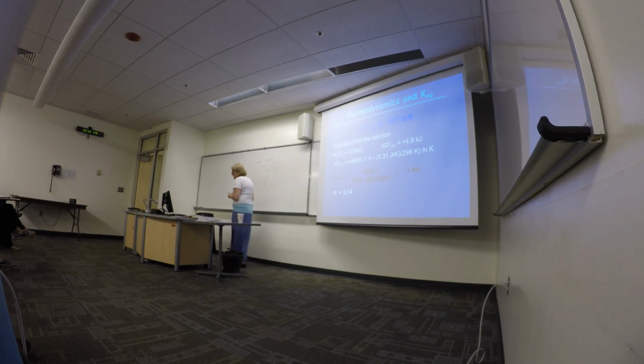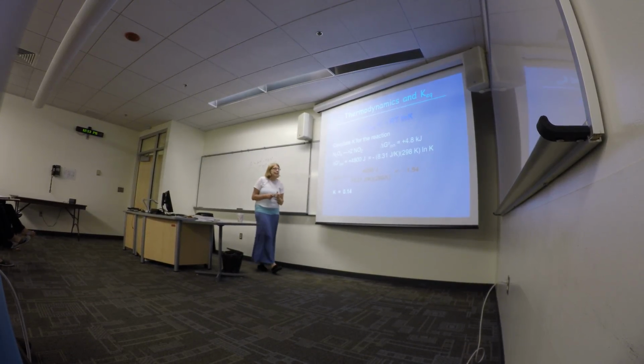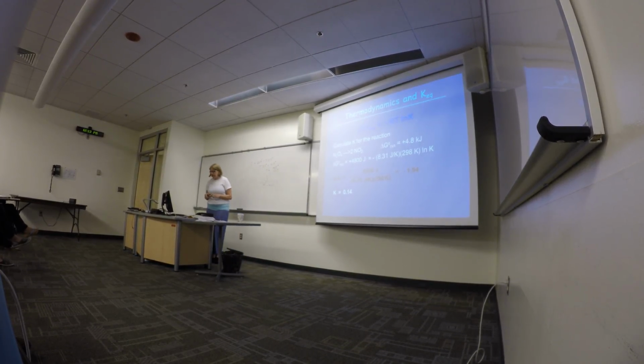Okay, so the way you go from ln of K to K is you take e to whatever ln of K is set to. Now you'll notice we had a slightly positive value, and so here we have a K which would tell us that it's not product favored, it's reactant favored. Why? Because it's less than 1, right?